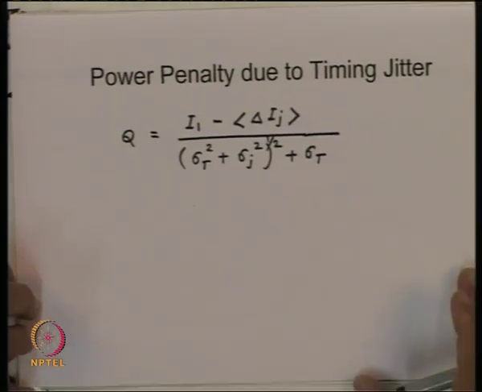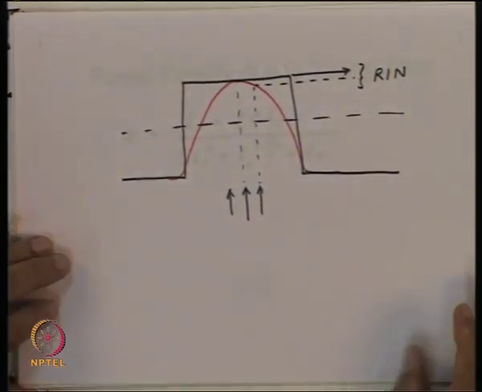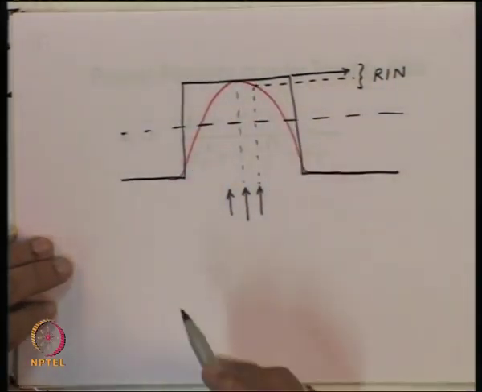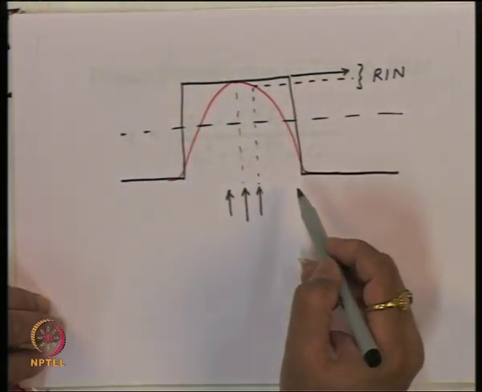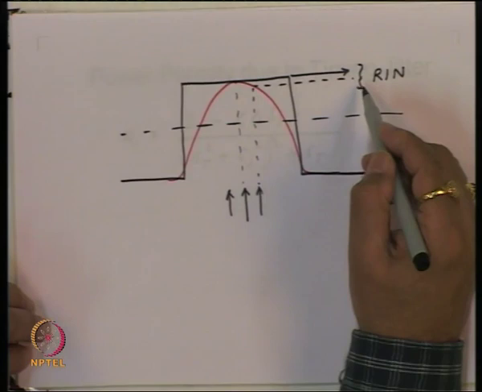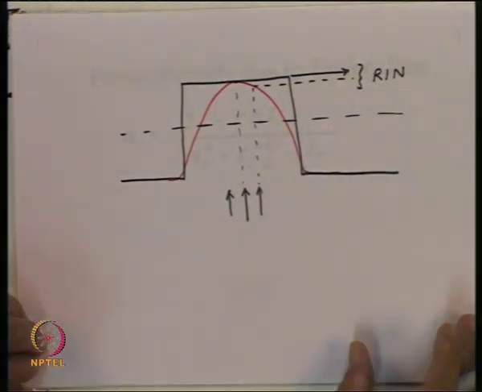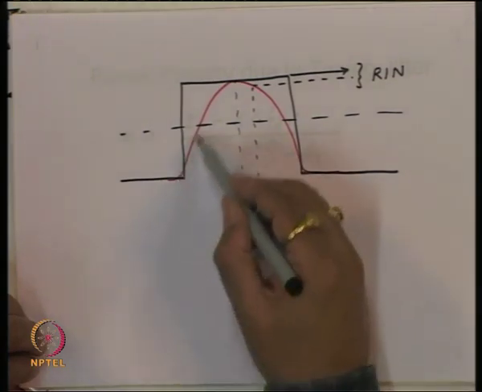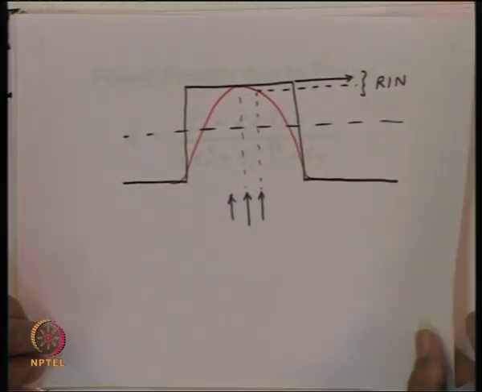Now, obviously, the fluctuation we are going to get and its statistical variation will depend upon the shape of this pulse. If you have a rectangular pulse shape, then obviously there is no fluctuation, so we do not have any jitter noise. Whereas, if you have a function which looks like that, then we will have the corresponding jitter noise.